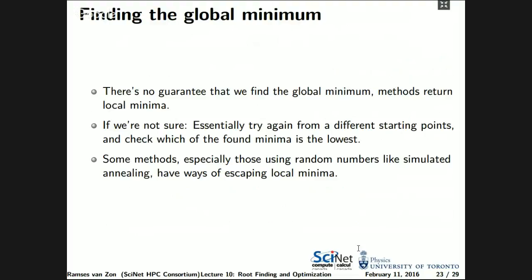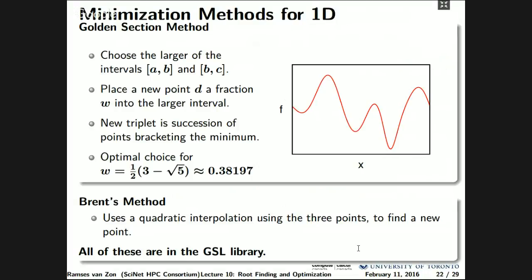One issue, though, which is also true for the roots to some extent, is that we might find a minimum, but there's no guarantee that this is the global minimum. So I could have a function with several minima, like this one, and my initial bracket might have focused on this one, and I find the minimum.